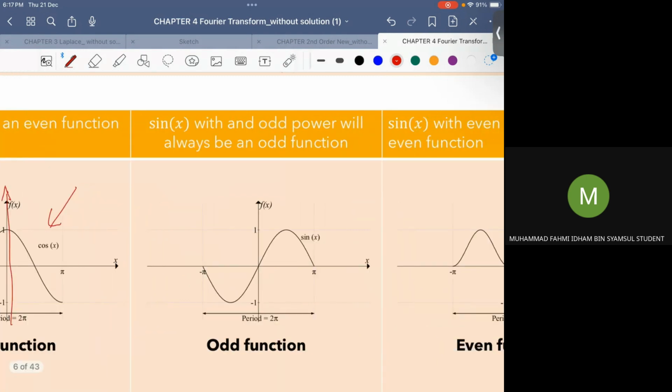Sin x with an odd power will always be an odd function.